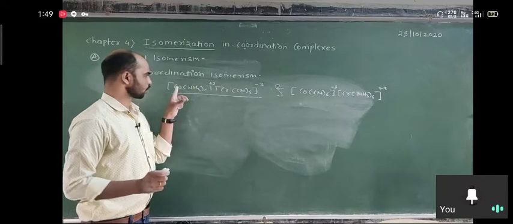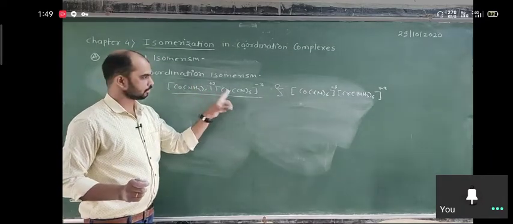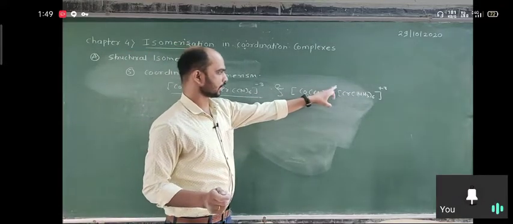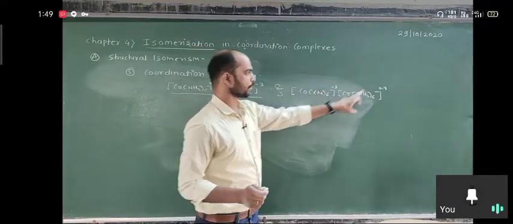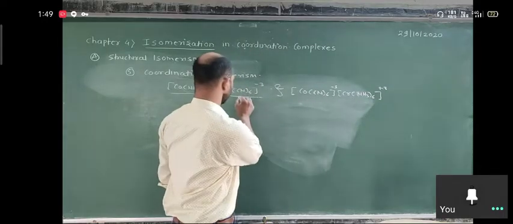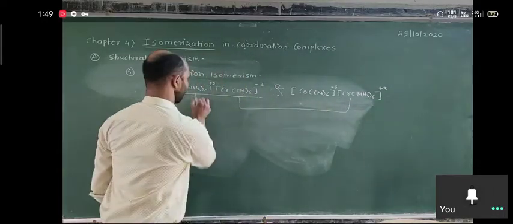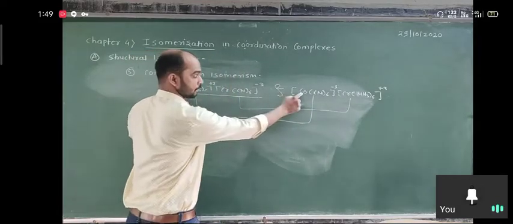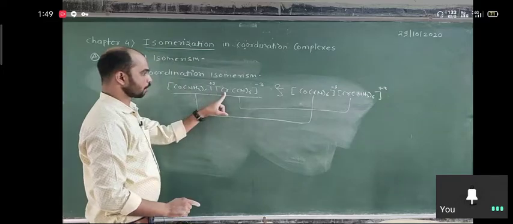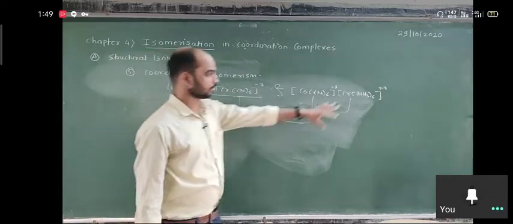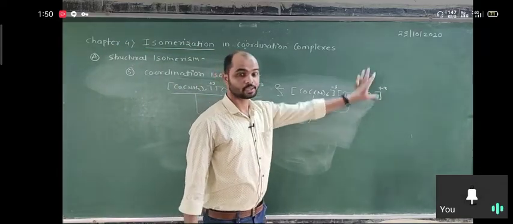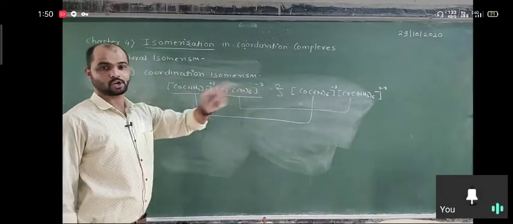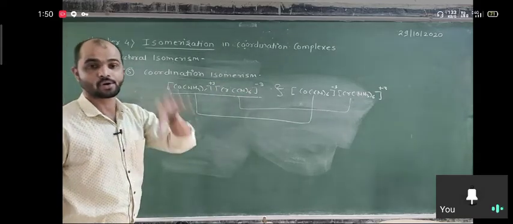In the first case, cobalt is in the cationic part and chromium is in the anionic part. But here cobalt is in the anionic part and chromium is in the cationic part. Why does this happen? Because of the exchange or replacement of the ligands with each other in a coordination pair.